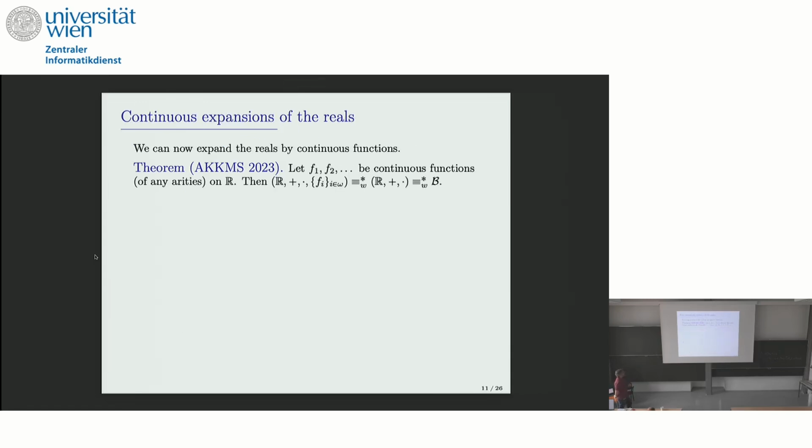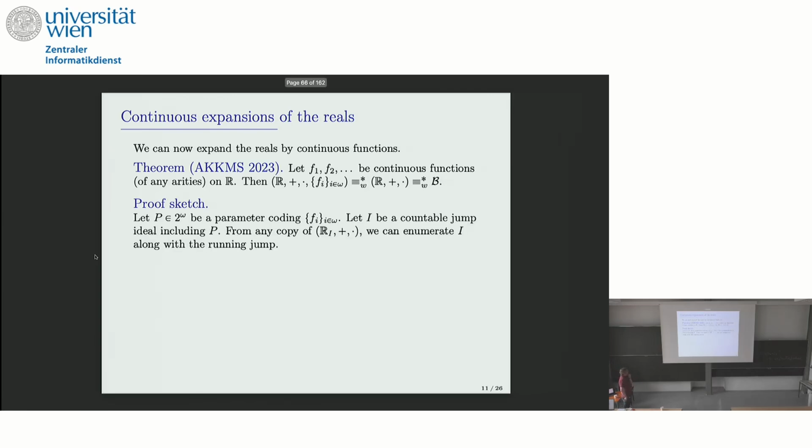Okay. So now that we have this running jump, it's quite easy to build these expansions of the reals by, say, any countably many continuous functions of any arities. So we take these parameters that have to be in the ground model, coding our continuous functions, coding them in the sense that you can, in a sigma 1 way, recognize you got the answer wrong.